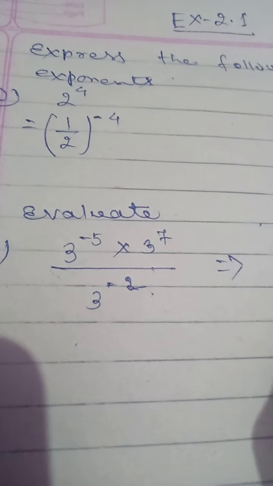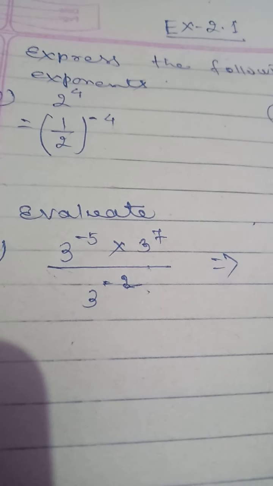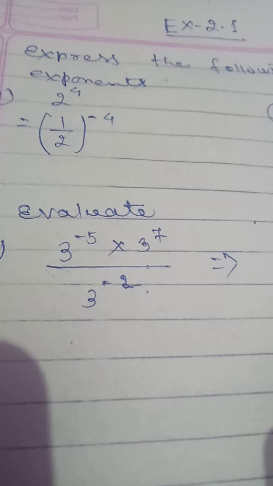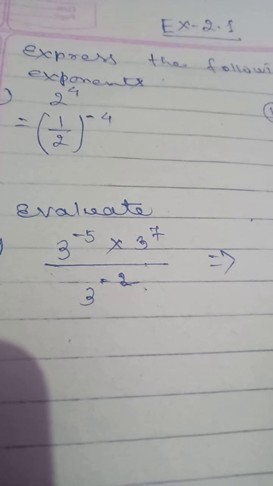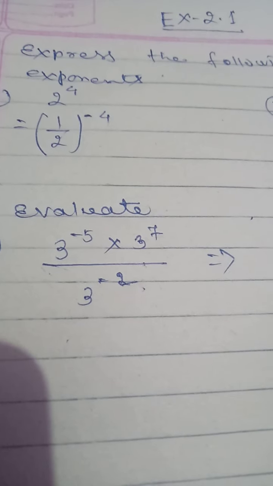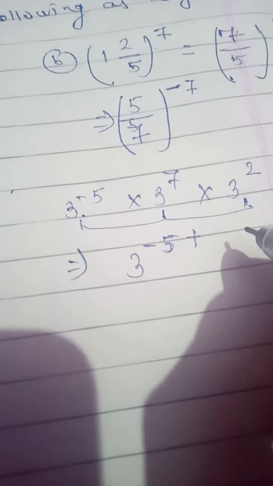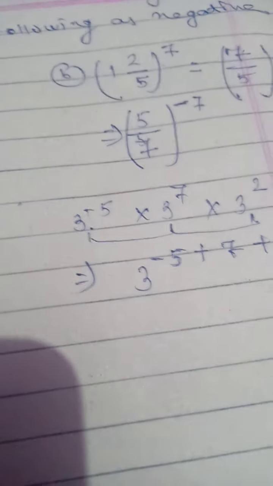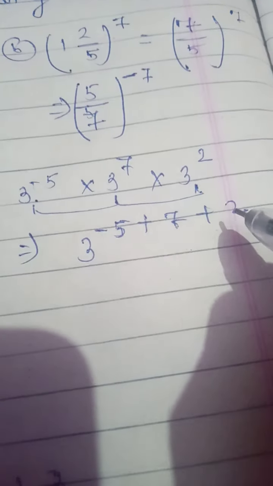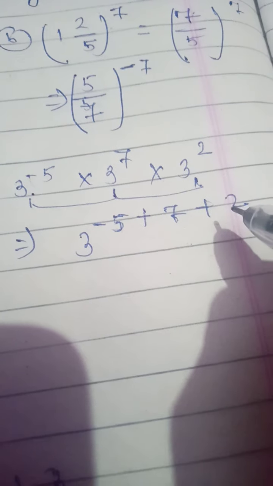So here the bases are the same, all of them are 3, so we just add all the exponents together. Minus 5 plus 7 plus 2. So 7 plus 2 is 9, 9 minus 5 is 4, so 3 raised to power 4.